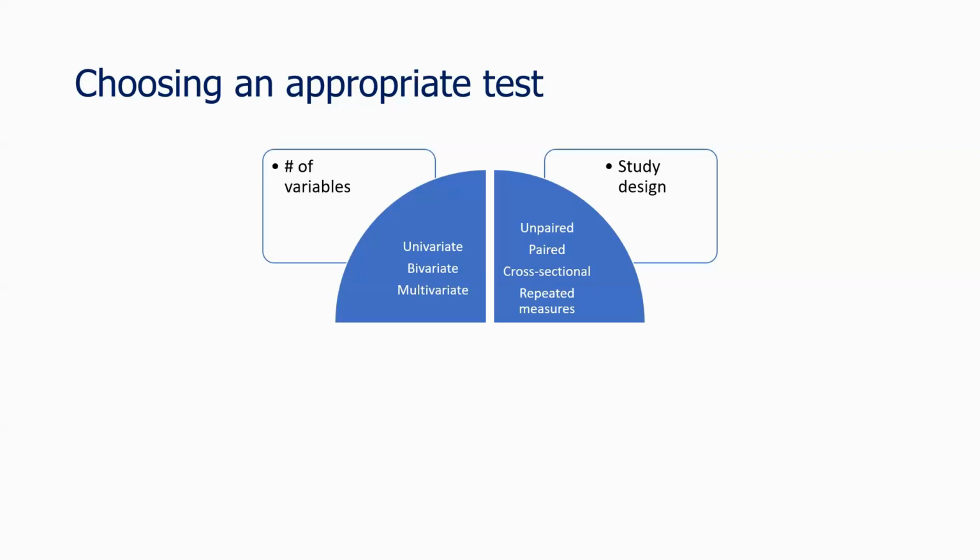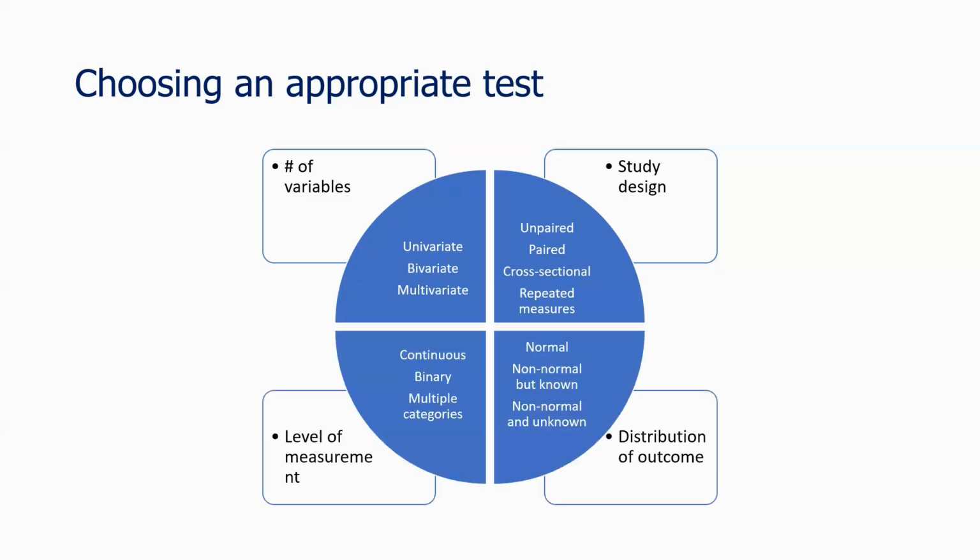Then other kinds of designs are where they are looking at repeated measures, of which a paired or pre-post design is an example, or multiple follow-up periods, which will also determine the choice of a different kind of test. Then the two main important things that we have been continuously discussing are the level of measurement, whether you are looking at categorical binary variables as outcomes, or continuous variables, which will determine the choice of test.